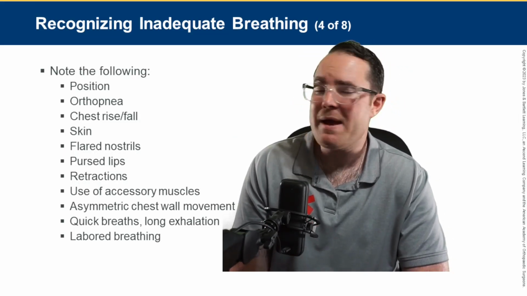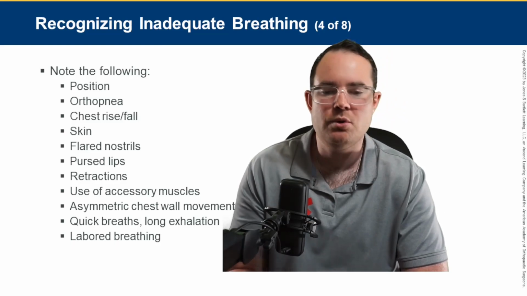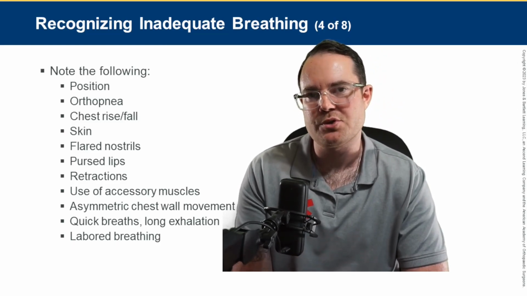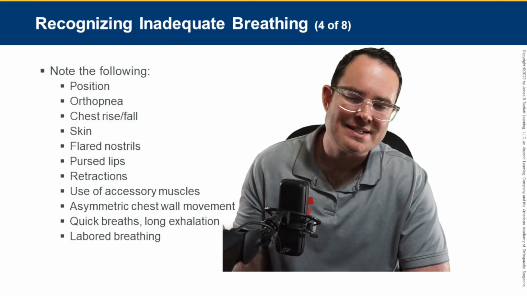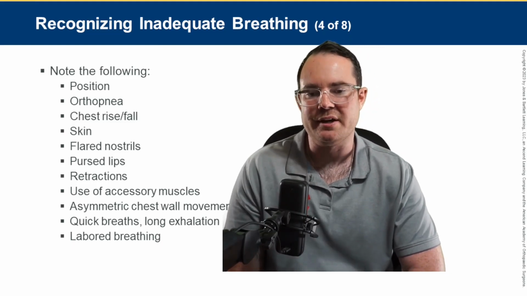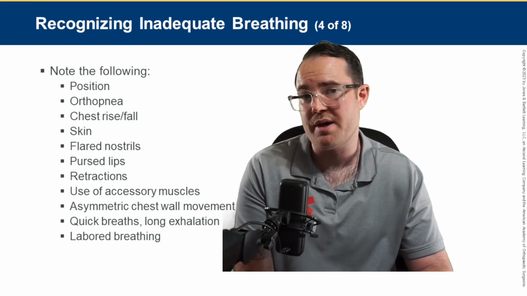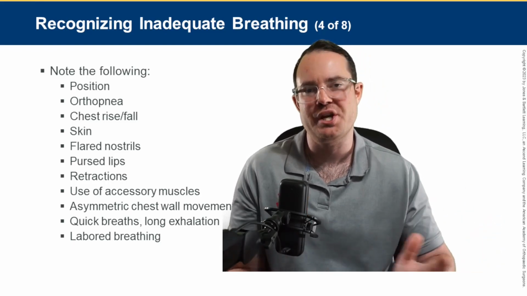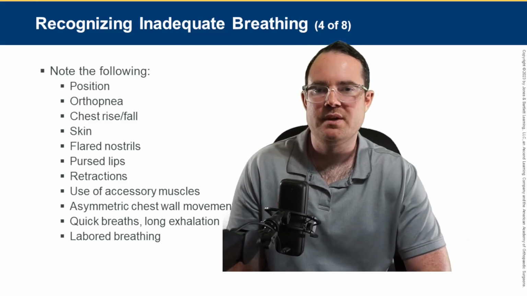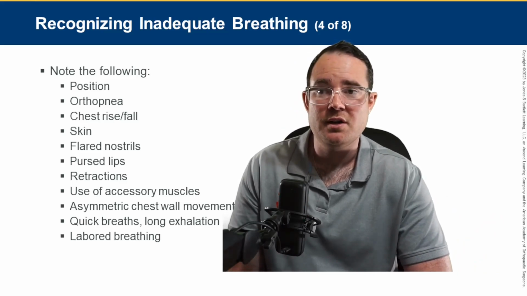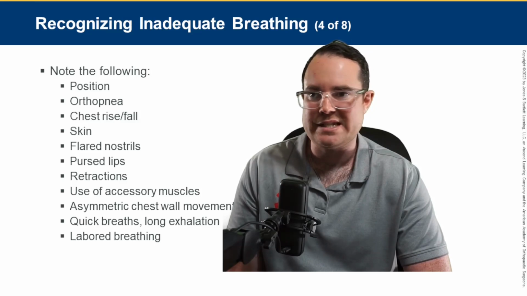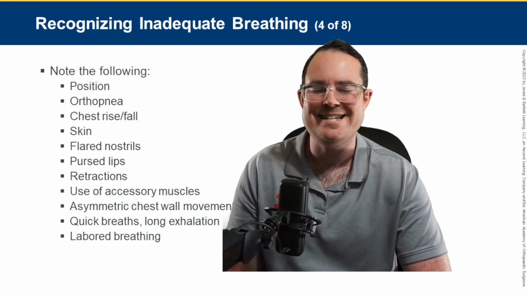Position. How's my patient positioned? And this is so important with our respiratory patients because of that second word there called orthopnea. Orthopnea is dyspnea, or shortness of breath, with patient positioning. For example, some people suffer from something called paroxysmal nocturnal dyspnea, also known as PND.